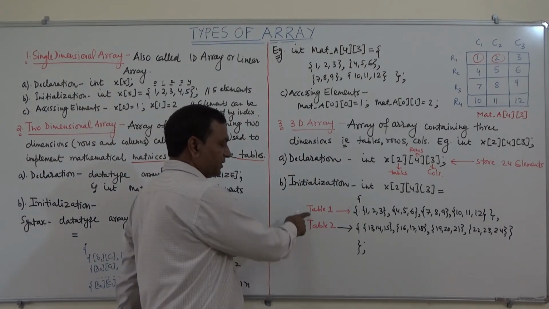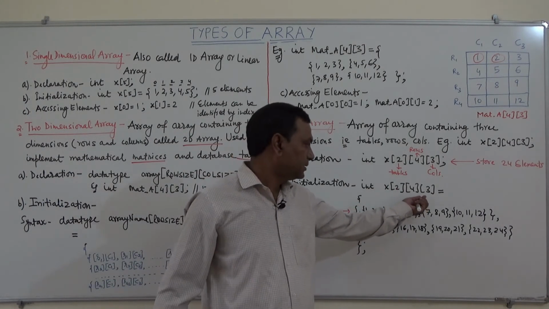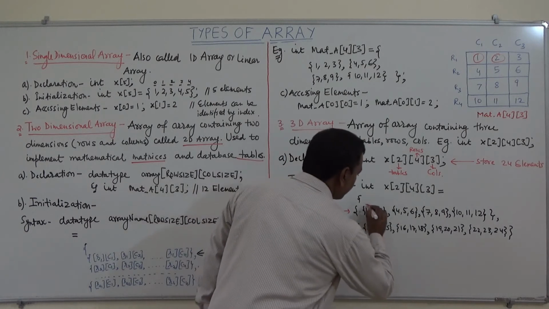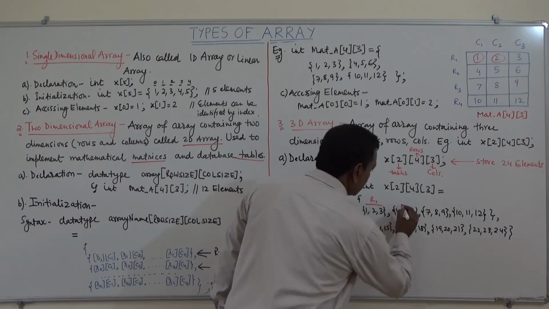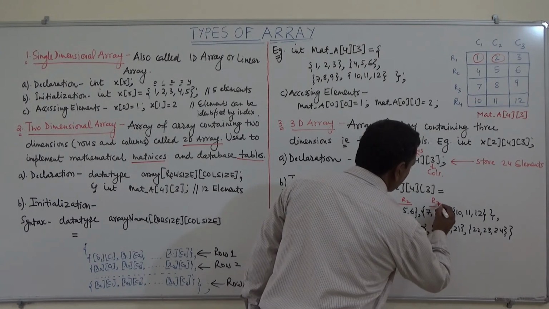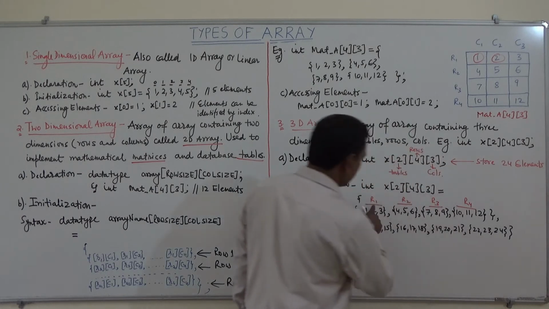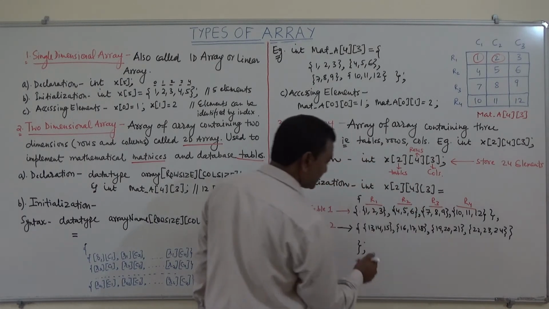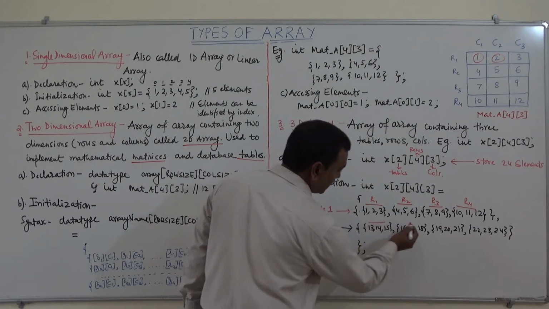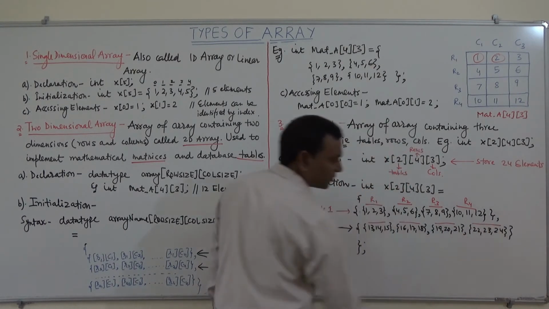So in table 1, because there are 4 rows and 3 columns, this will be row 1, row 2, row 3, row 4. In the same way, this is also row 1, row 2, row 3 and row 4.